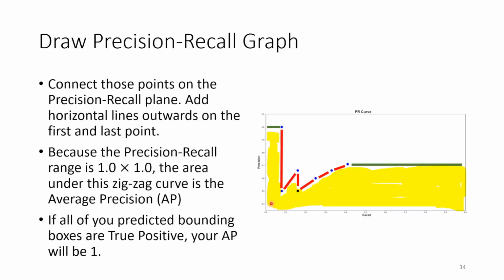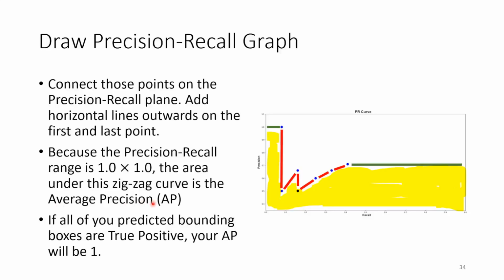Because the range of the precision is 0 to 1, this is 0 to 1 for the vertical axis, and 0 to 1 for the horizontal axis. So the area of the highlighted region is the average precision. So that is the average precision for dog only.